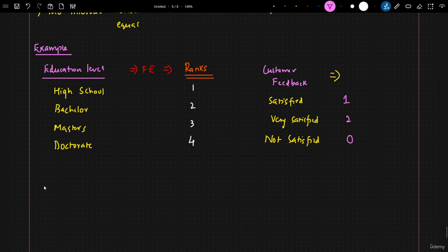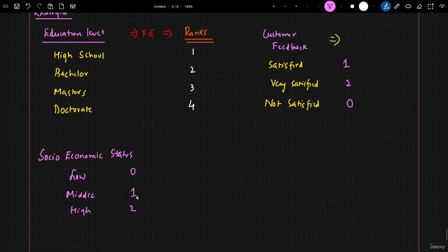I can also take one more example. So I can say, hey, socio-economic status. Let's say in one of the features in my data set, I have socio-economic status. So here I have values like low, middle, and high, right? So here also we can assign some values. Low will be given 0, middle will be given 1, high will be given 2, right? Let's say I am trying to design a policy for the government.